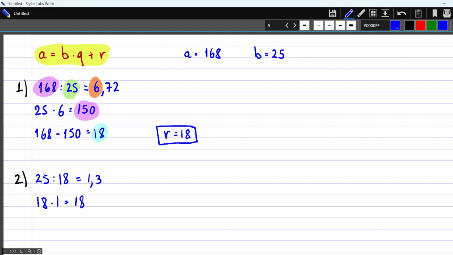And then I am picking this one and doing 25 minus 18, which is 7. So the new remainder is 7. It's not 0, it's not 1, so I'm not stopping. I'm going to continue the whole process until I find R to be either 0 or 1.